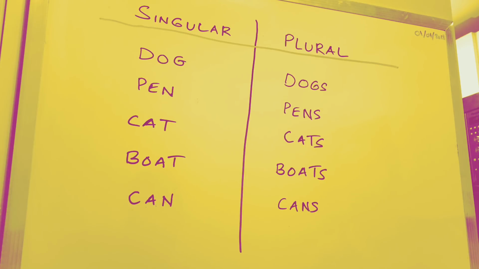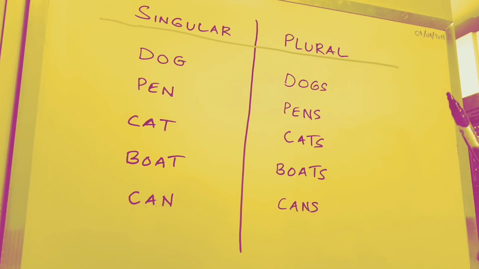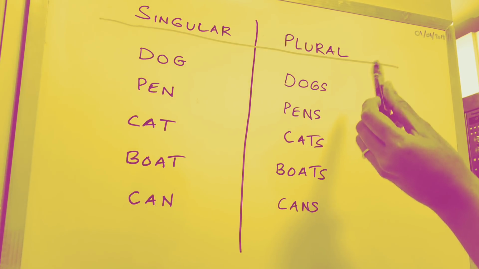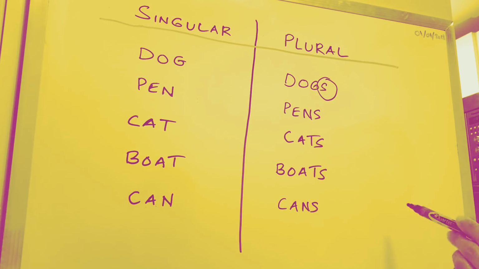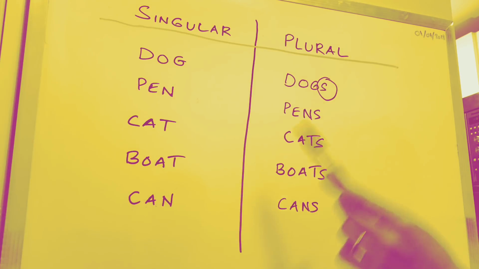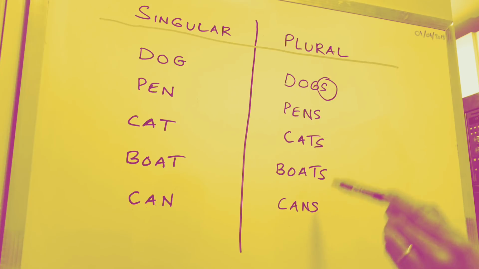The next little video is going to be about nouns, and then I'm going to go back into how a noun ending with a different letter changes into plural, because it doesn't work that you just put an S at the end of everything. These are just the words where you can simply add an S and it becomes plural.